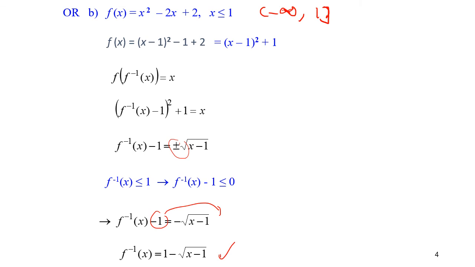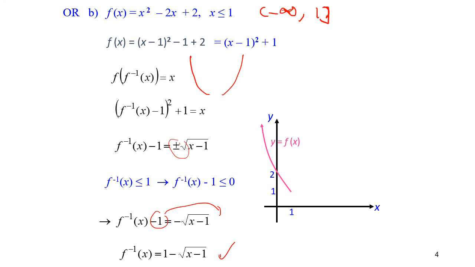After we find the inverse function for the second restricted domain, we sketch the graph. This is the graph for our original function. Remember, the positive one will be like this, and this is the negative one, which starts at the minimum and moves to the left and above. Then don't forget to sketch the mirror line, y equals x, and then the inverse.